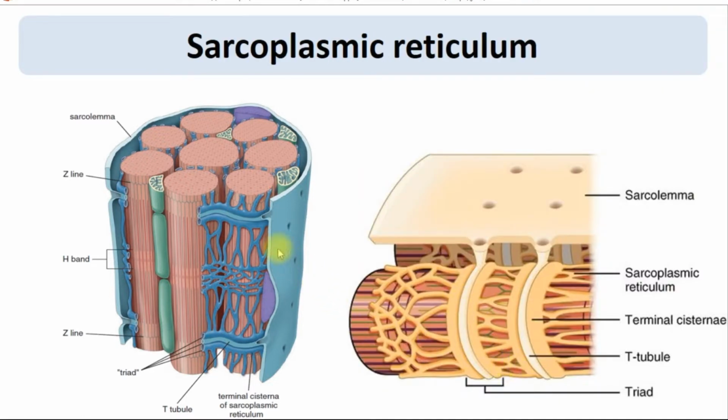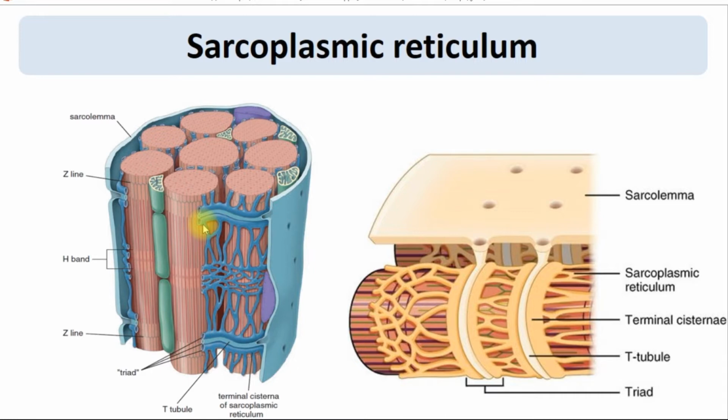Also, we have sarcoplasmic reticulum, which is necessary for contractions. Here we can see myofibrils, and between them there are branched tubules, which surround each single myofibril, and they contain something. Sarcoplasmic reticulum is modified smooth endoplasmic reticulum, and you know that one of the functions of smooth endoplasmic reticulum is storage of calcium ions.